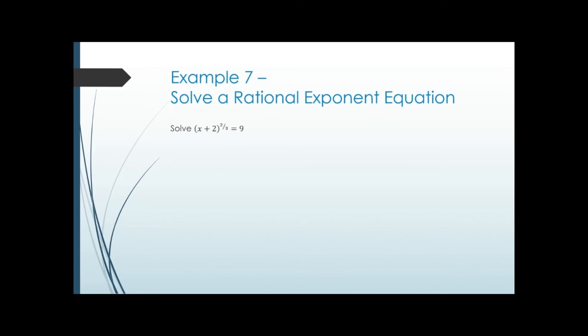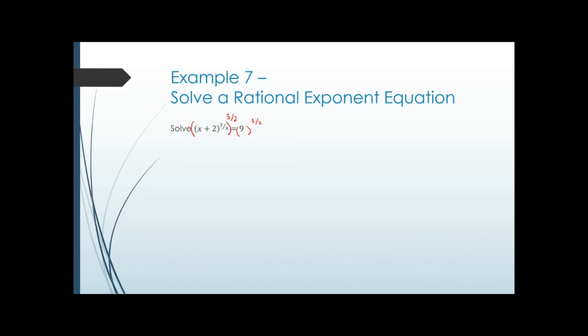When solving something like this, you need to get the rational exponent by itself. In this case, it's already by itself. Then you undo it by raising it to the reciprocal power. The exponent is 2/3, so we're going to raise it to the 3/2 power.